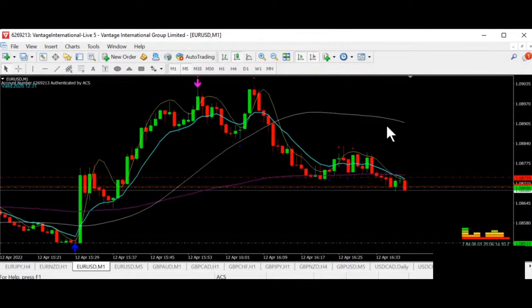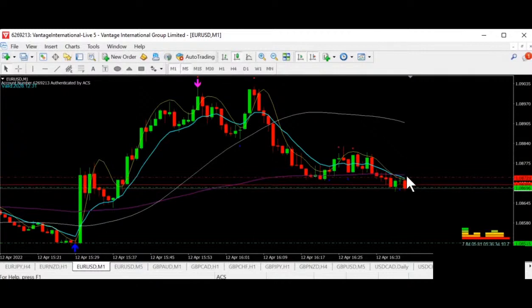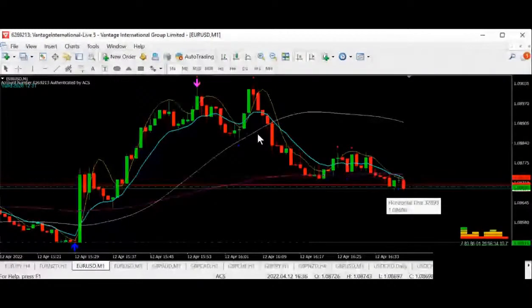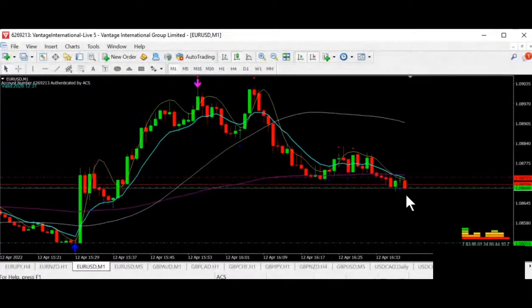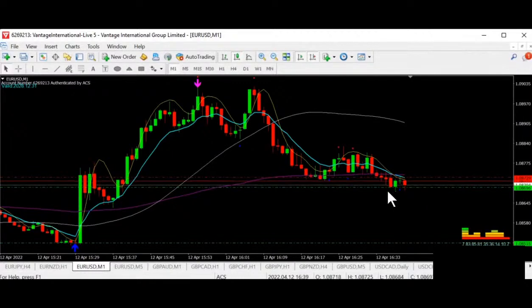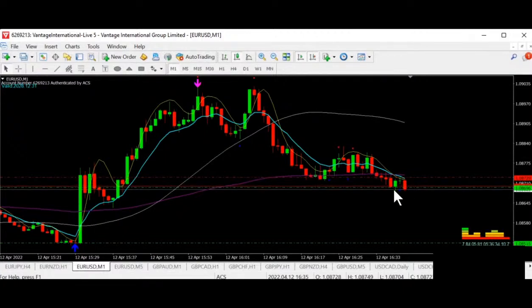Can you see the resistance here? Guys, this is the resistance. Can you see this area? This is the resistance now. If you have entered a trade, by all means go.